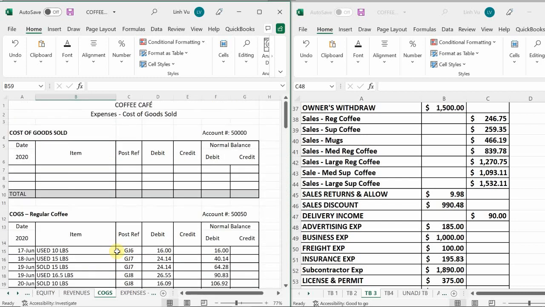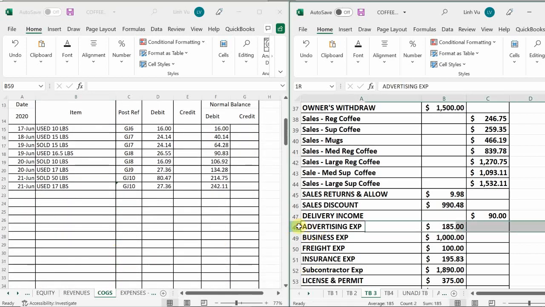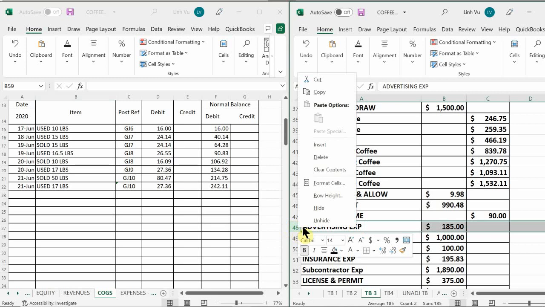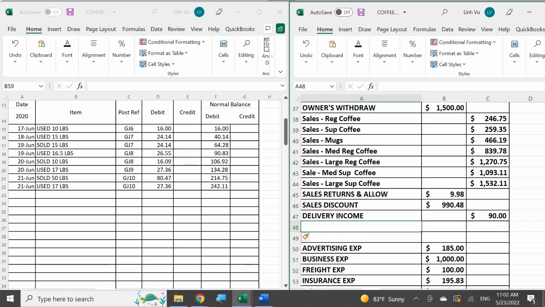So I'm inserting two lines: the COGS for regular coffee and the COGS for supreme coffee.